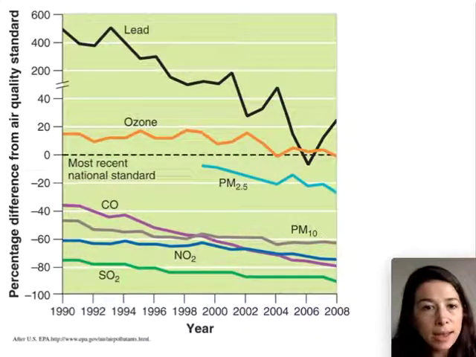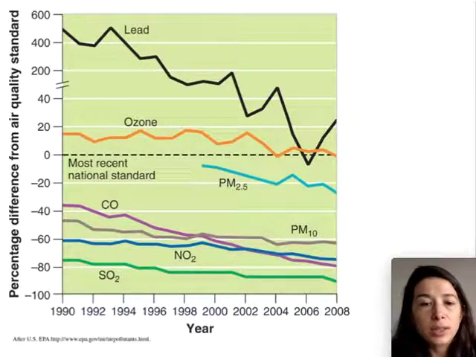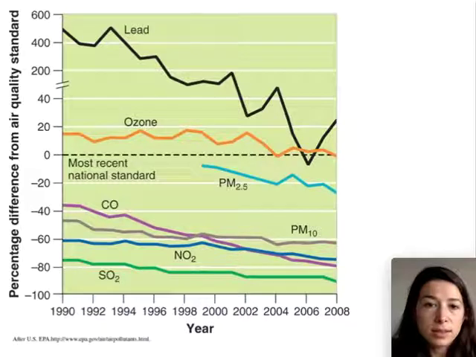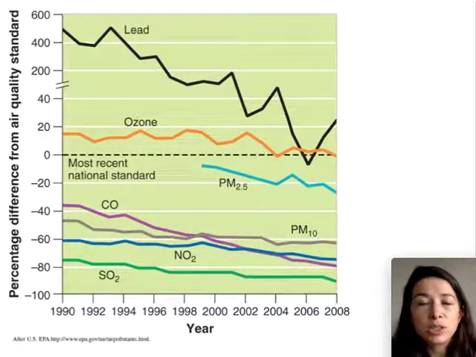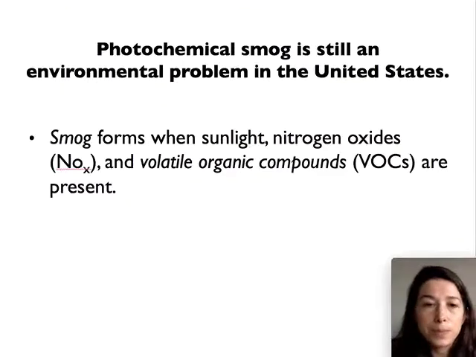If we look at lead and ozone, for example, we can see that they are getting lower and lower and closer to zero, closer to the national standard, since the year 1990. We were polluting with lead very heavily, and human regulations and practices have reduced the amount of lead that we have in the air. So that's kind of a happy story. We've really improved in that realm.